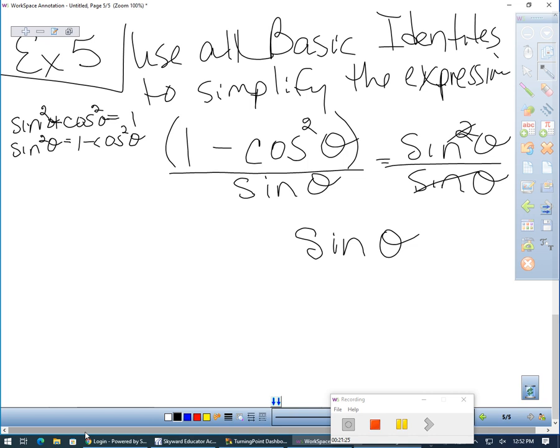No, 1 through 21 odd. Not that many problems. Okay? One through 21 odd. And you won't need anything more than what we've put in your notes.